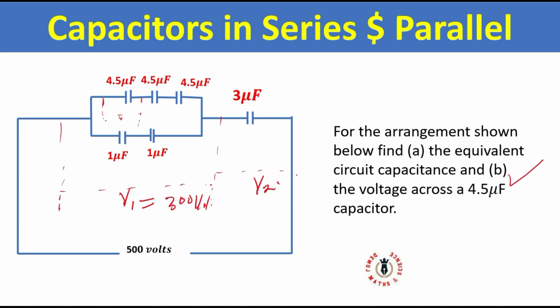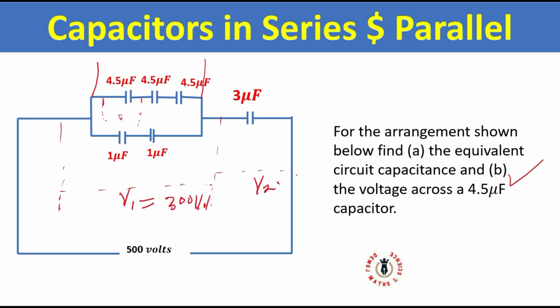Now, since the voltage across the parallel combination is 300 volts, that means the voltage across this end is 300 volts. And each of the capacitances we're given is 4.5, 4.5, 4.5. They are equal.